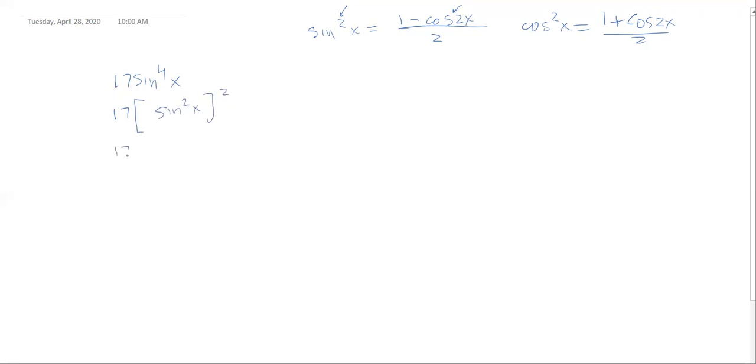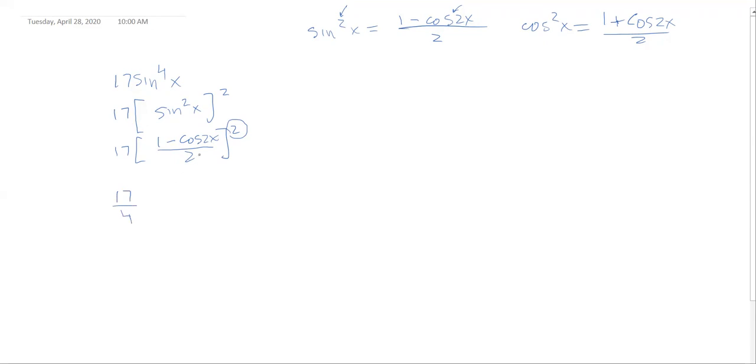So you can begin right away by replacing that sine squared with 1 minus cosine 2x over 2, and then that has to be squared. We're not out of the woods yet, because this square will introduce higher powers.